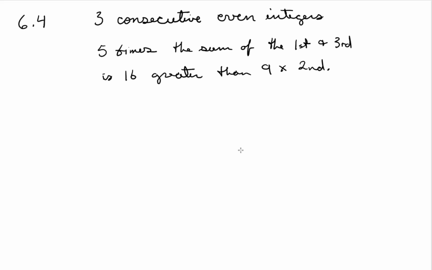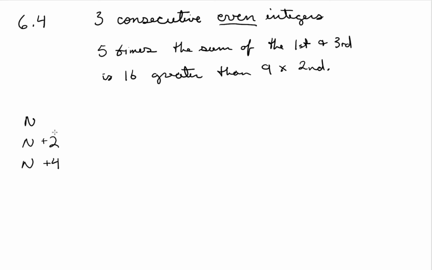Let's take a little bit of shorthand there. Let's see if we can read my writing now. 3 consecutive even integers. So even integers, that means it's going to be n plus 2, n plus 4. Why do we use the plus 2 and the plus 4? Because they're even. So we're jumping over the odd numbers. We're skipping a number.